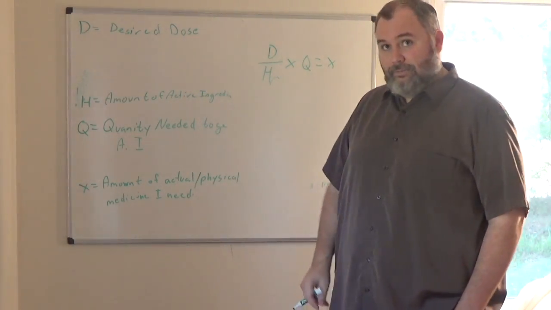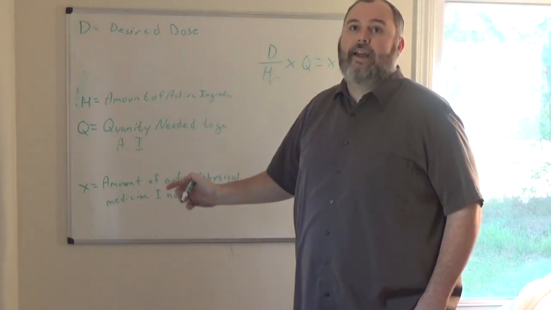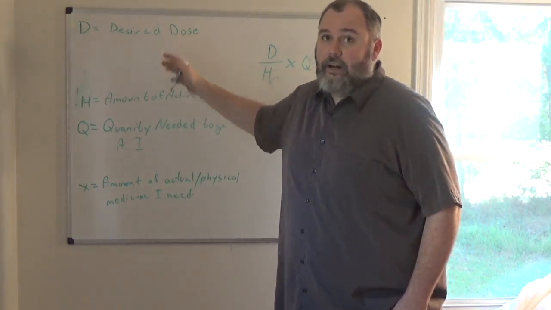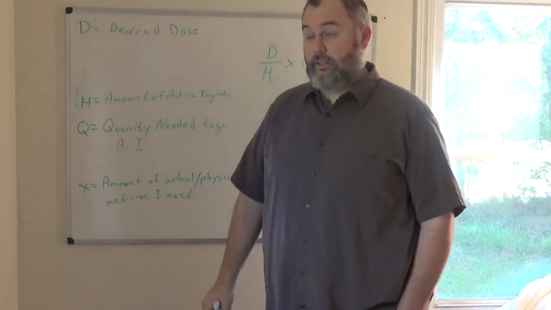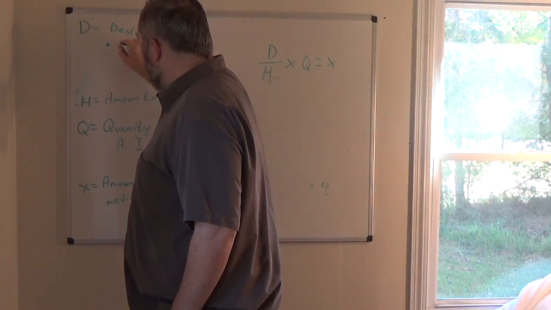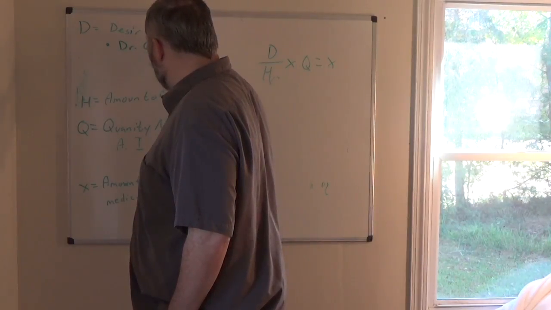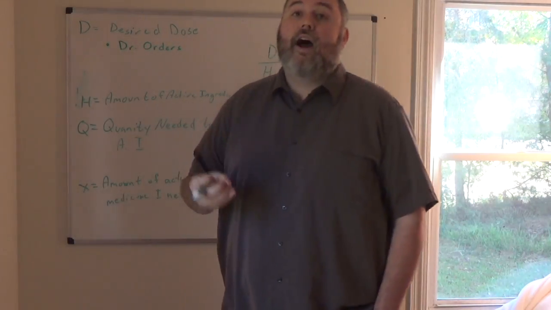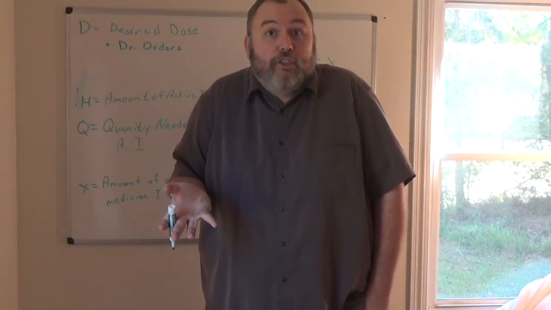All right, now, there's a little bit more to it. So D, H, Q, and X. However, the desired dose is based on several things, and we talked about this last time too. One, it's based upon the doctor's orders. The doctor may prescribe something, like, okay, give them 100 milligrams. That's pretty straightforward.